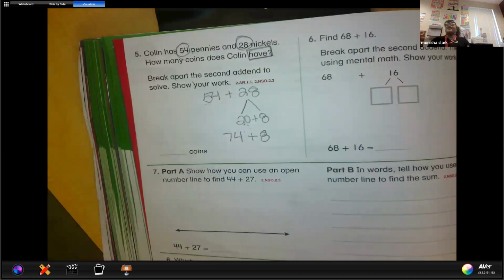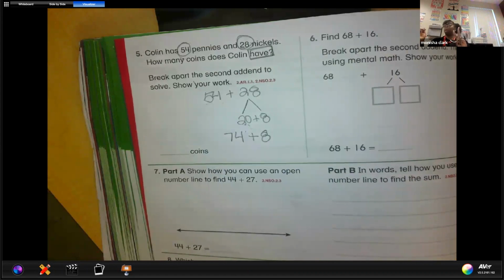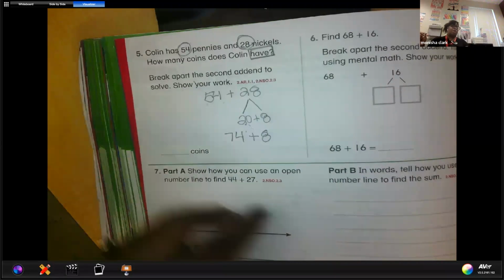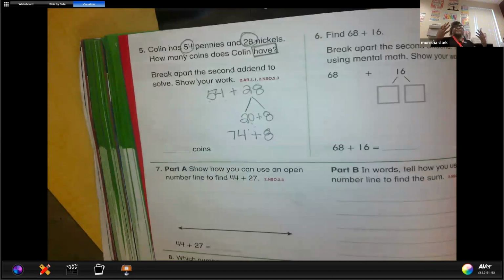How many more ones do we need to turn 8 into a 10? 2. All right. What will be left over after we take 2 away from 4? 2. That's just something to think about.